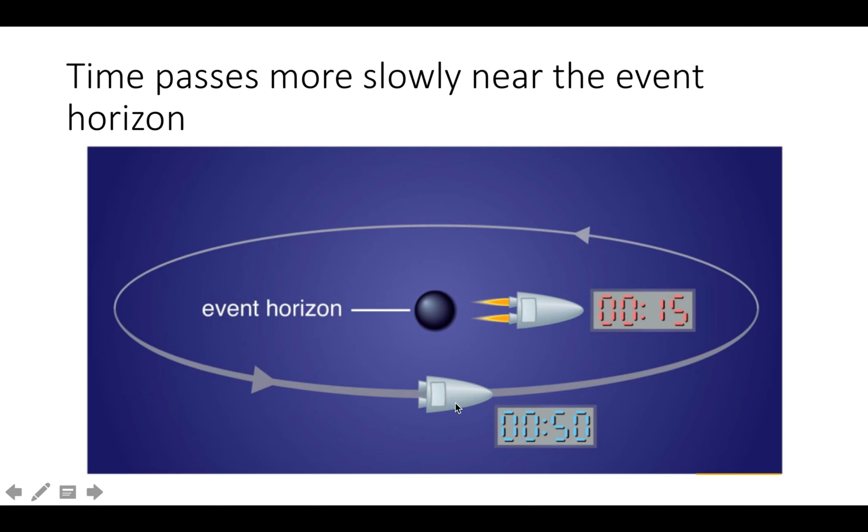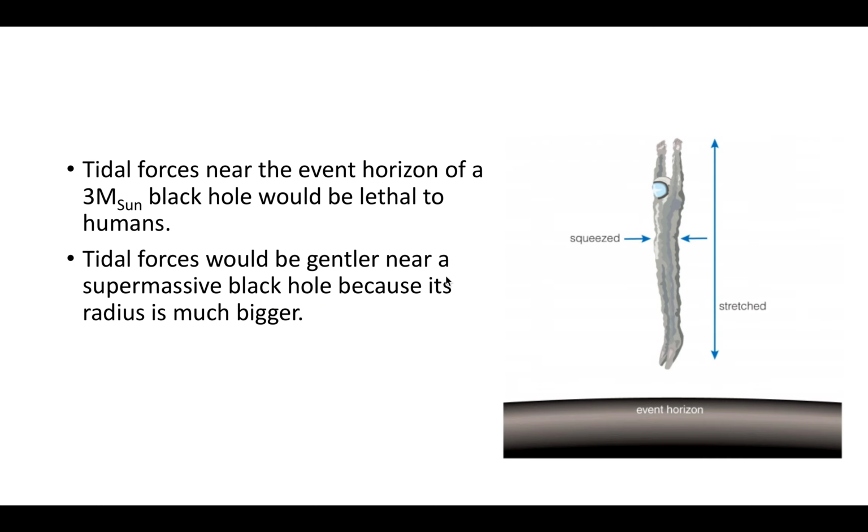And then when they return, they see that their teammate, their crew member, has aged significantly due to this phenomenon. So, yeah. Tidal forces near the event horizon would be lethal to humans. You'd get squeezed and stretched. It would be gentler near a supermassive black hole because its radius is obviously a lot larger.